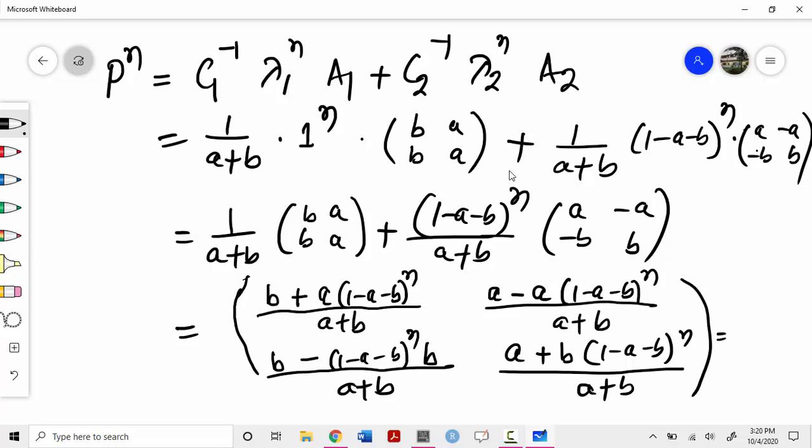So this will be p00 n, p01 n, p10 n, and p11 n. So these are the n-step transition probabilities. So this is equal to P to the power n.